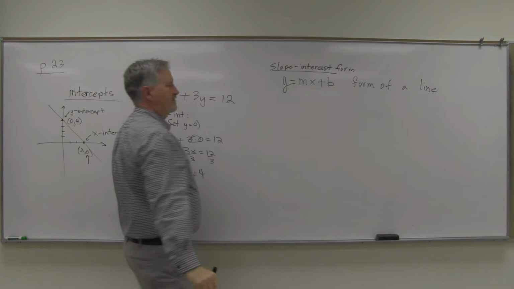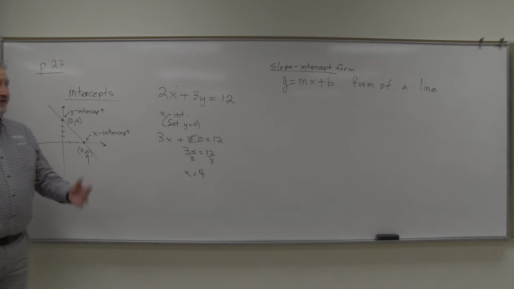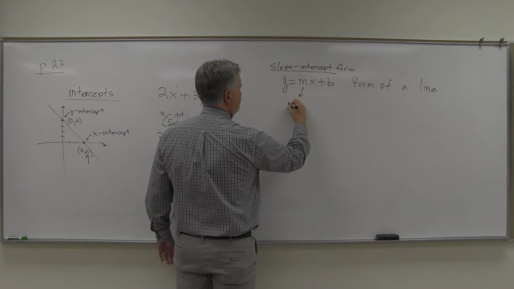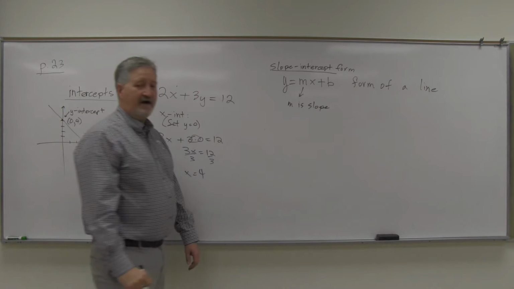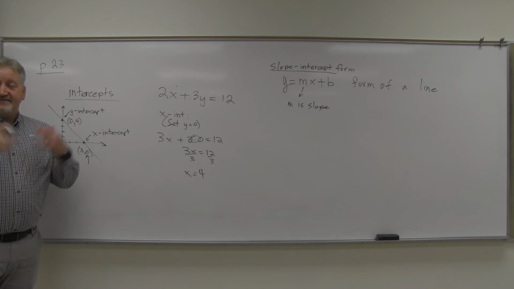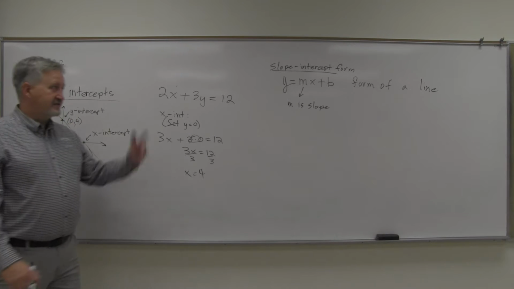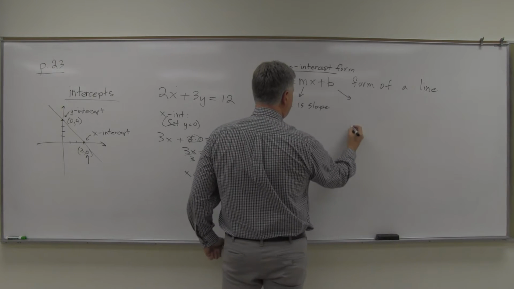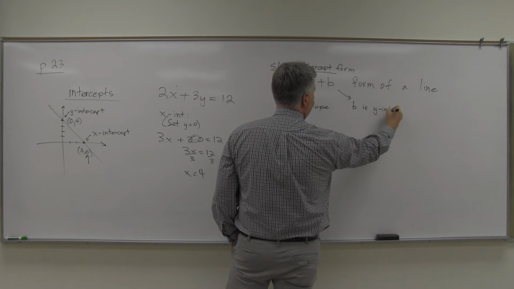Because, as it mentions there in the note, the m is our letter for slope, and that is certainly the case here. This is going to be a line, and it's going to have a slope of m. Whatever that number is in front of the x, that's going to be the slope. If it's in this form, that's what we can tell. And then over here, the b is the y-intercept for this line.